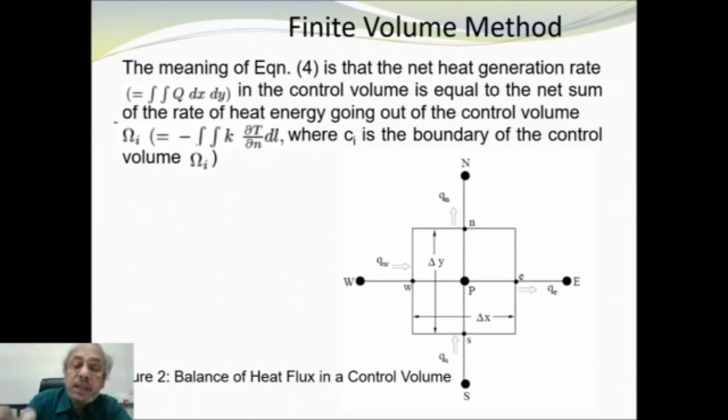Now this can be translated in a physical sense by taking a single control volume where its center is defined at P. It has an eastern neighbor, a similar control volume, that has a center at E. It has a western neighbor, a similar control volume at the western side of it, with a center at W, a northern control volume which has a center at N, and a southern control volume which has a center at S.